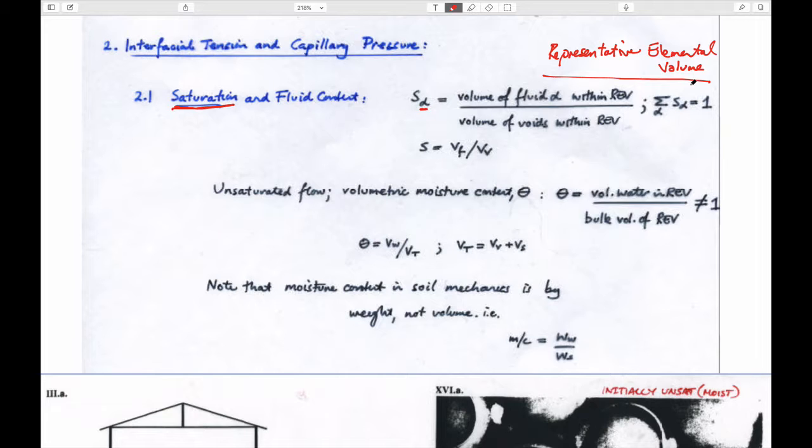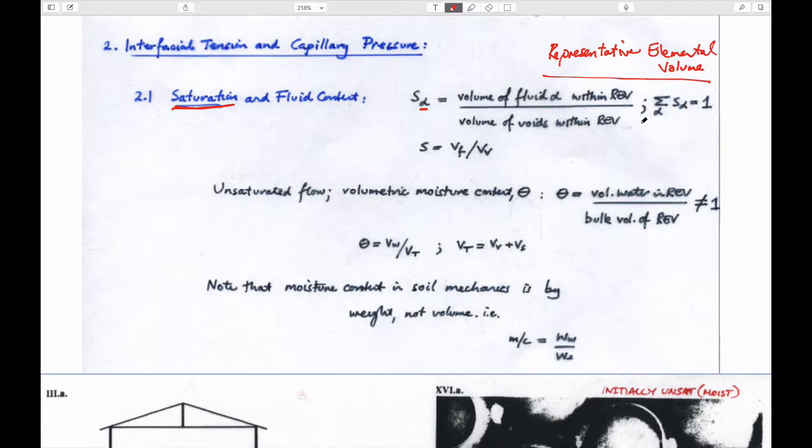It just says that you take a large enough volume of your aquifer that includes enough grains and enough pores that it's representative of the portion of the aquifer next to it. As you get a bigger and bigger portion, the porosity and the properties of that control volume don't really change.